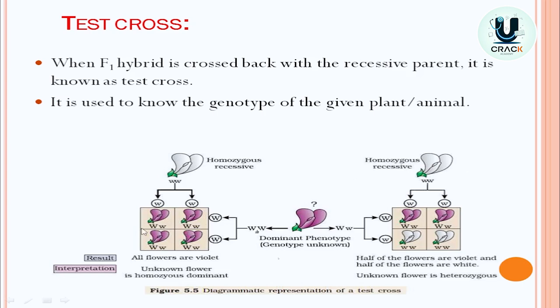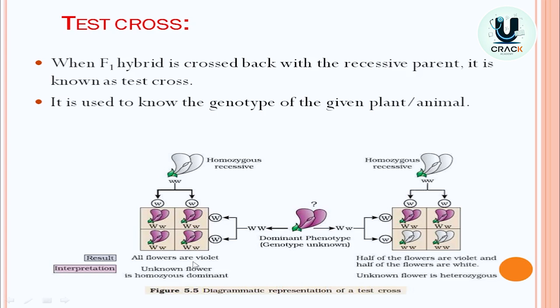And then they have made it like a Punnett square. So with the square you get to know what it is. Here the dominant phenotype, that is, the genotype is known. All the results are violet here. Here half are violet, half are white. The unknown flower is homozygous. Here also, heterozygous.